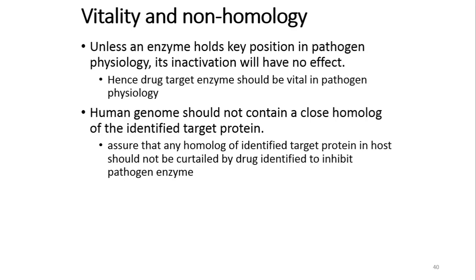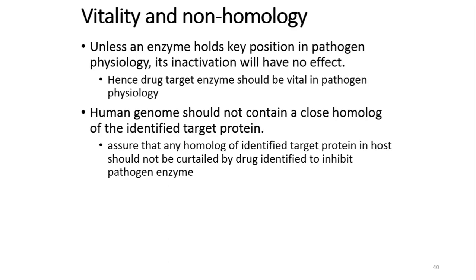And when you design drugs to target this protein X, your homologous protein X prime, which is present in your human host, would also be affected by the same drug molecule. So this is what we call off target toxicities.